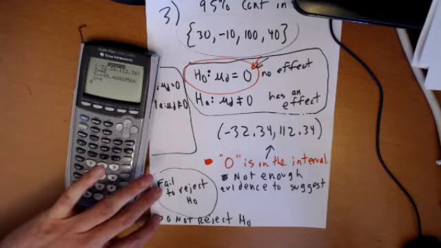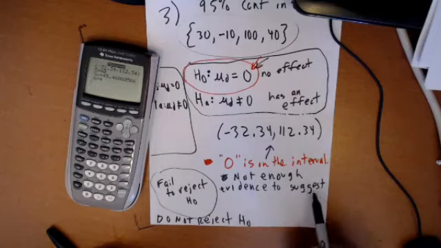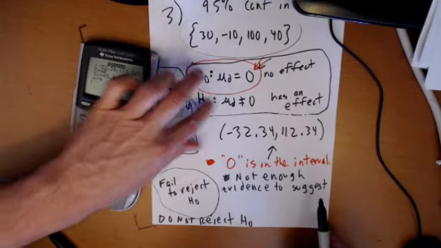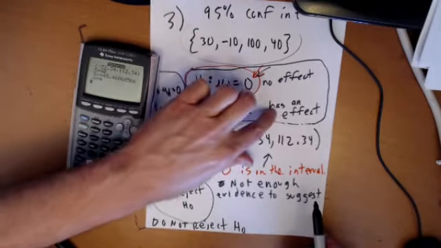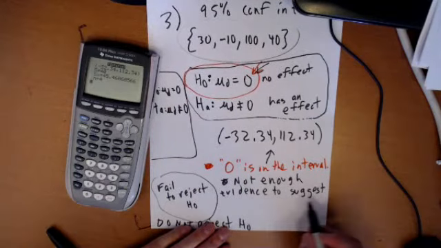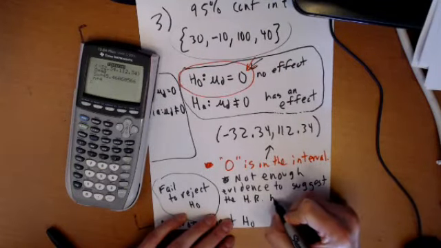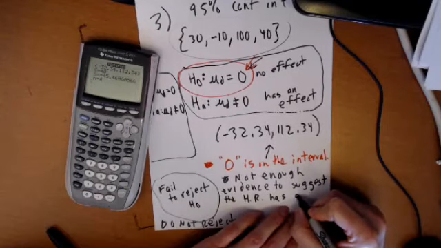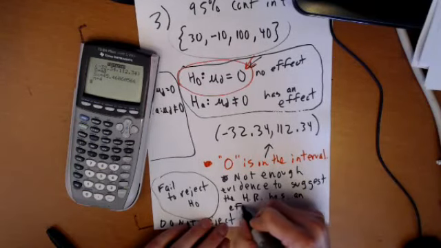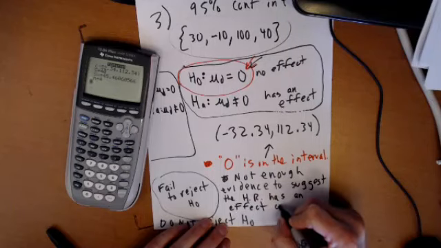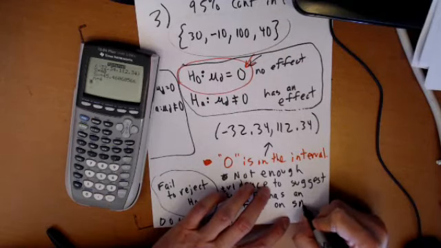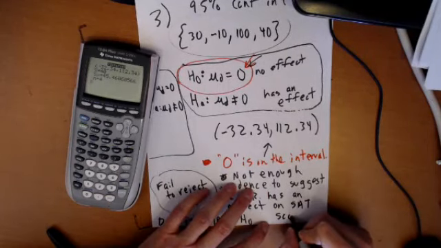So if you say that, then it's not enough evidence to suggest this. And this idea means has an effect. Not enough evidence to suggest the Harvard review has an effect on SAT scores.